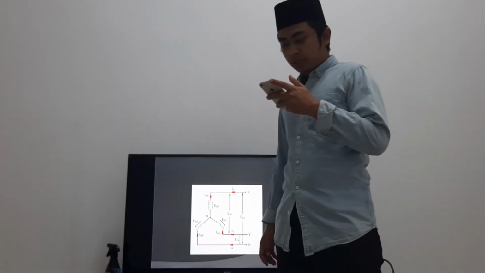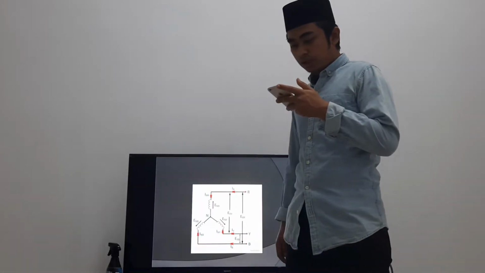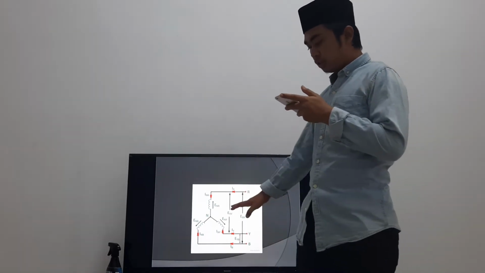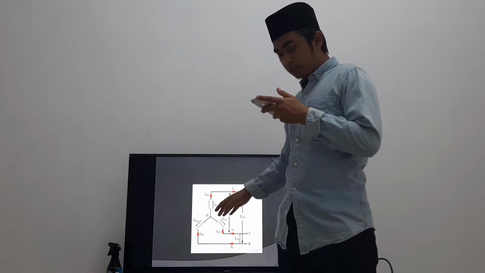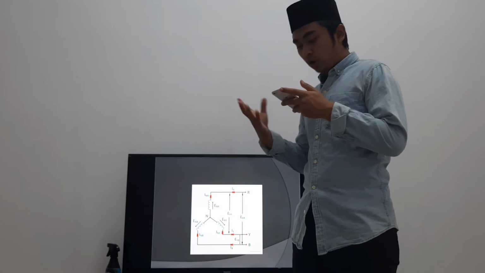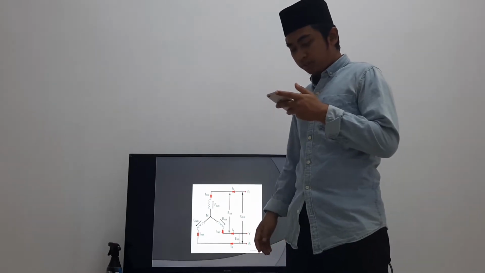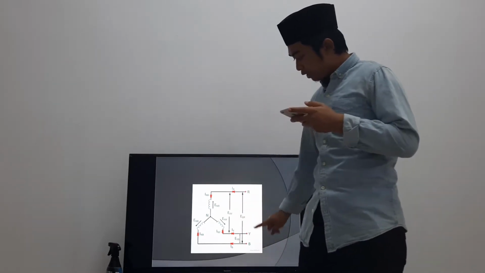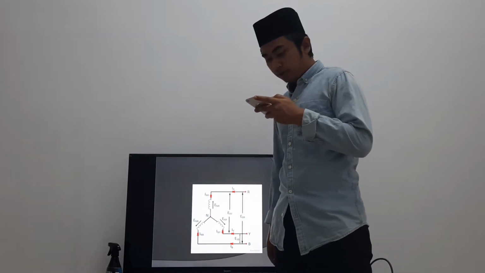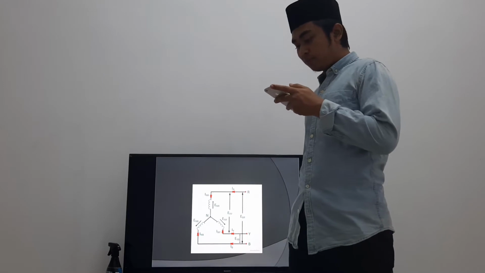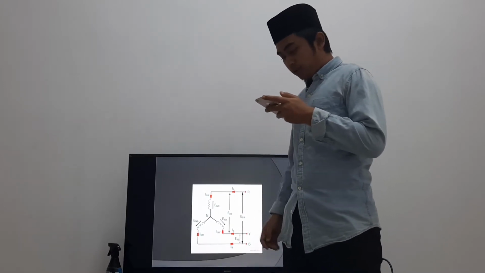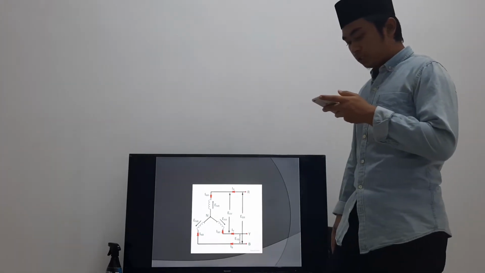What is the relationship between voltages in the star connection? As the system is balanced, this means that in all three phases, R, Y, and B, red, yellow, and blue, equal amounts of current flow, equal in magnitude but displaced from one another by 120 degrees. The phasor diagram of the connection is shown below.